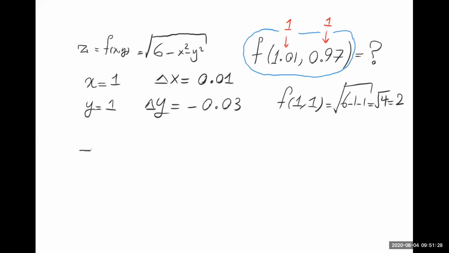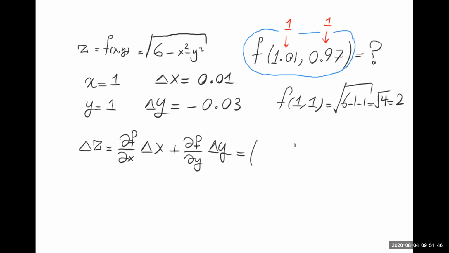So the change in the value of z is equal to the partial derivative of f with respect to x times delta x, plus the partial derivative of f with respect to y times delta y. Okay, what is the derivative of this function with respect to x? I should take the derivative of what I have inside first.